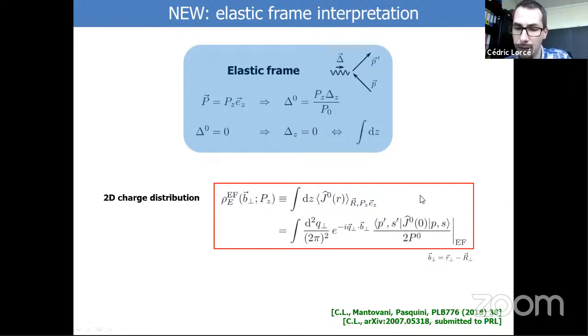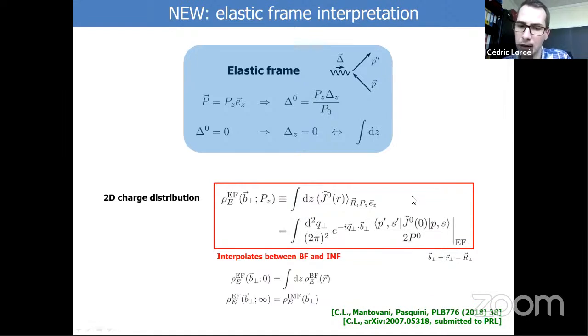This is a very simple but very convenient expression, because it really interpolates between the two frames that I mentioned. If you take P_z equal to 0, you essentially have the Breit frame density integrated over the longitudinal position. If you take P_z going to infinity, you simply recover the infinite momentum frame distribution. So now we have a new variable, P_z, which really helps you interpolate between the two.